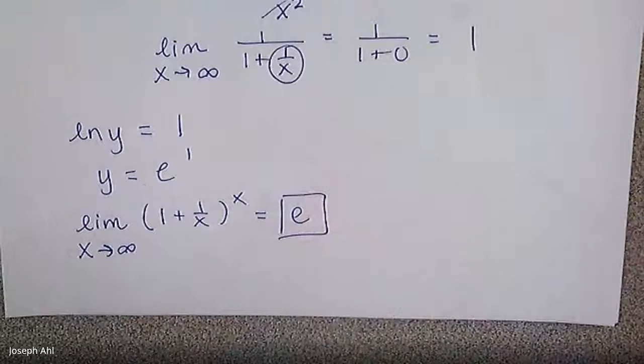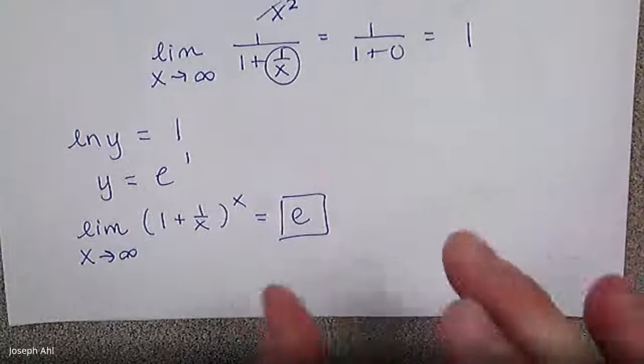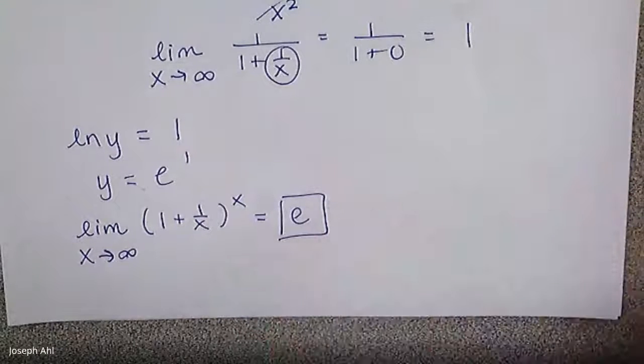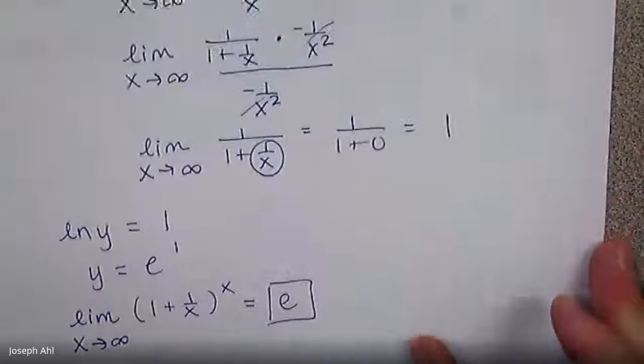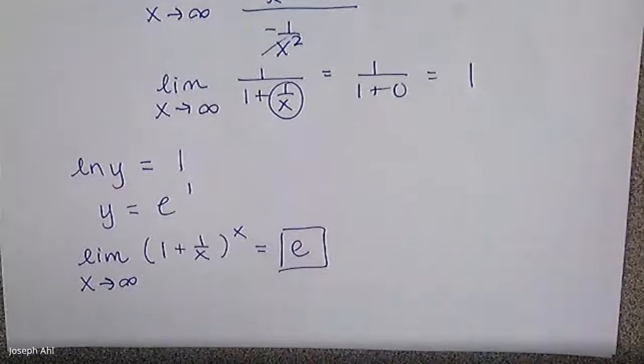We just kind of accepted it and we talked about it a little bit. We defined e in this fashion, but here is the justification. We had to wait a little bit. We had to get L'Hopital. We had to know the derivative of some natural log functions, right? We had to really build towards this. That is the definition of e. That is why the limit as x goes to infinity of 1 plus 1 over x to the x is e.